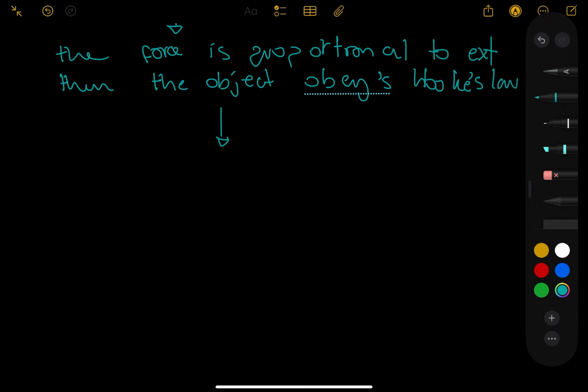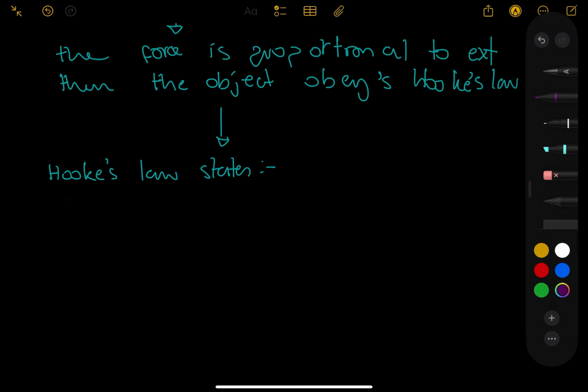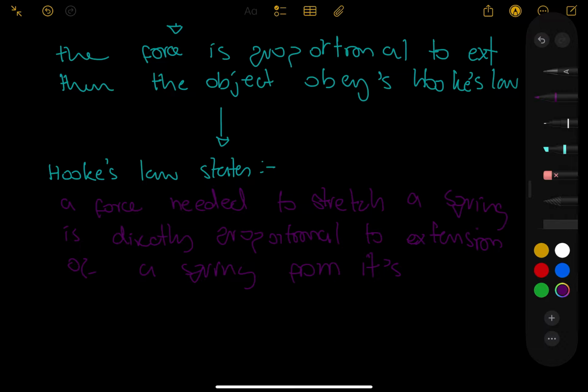And the law itself is that Hooke's law states... okay, this is Hooke's law.